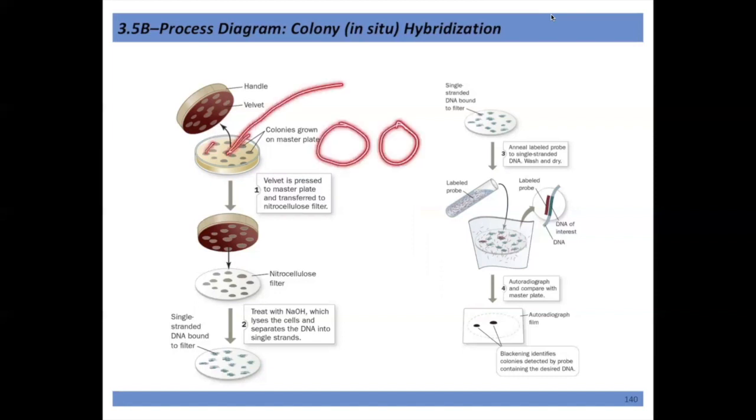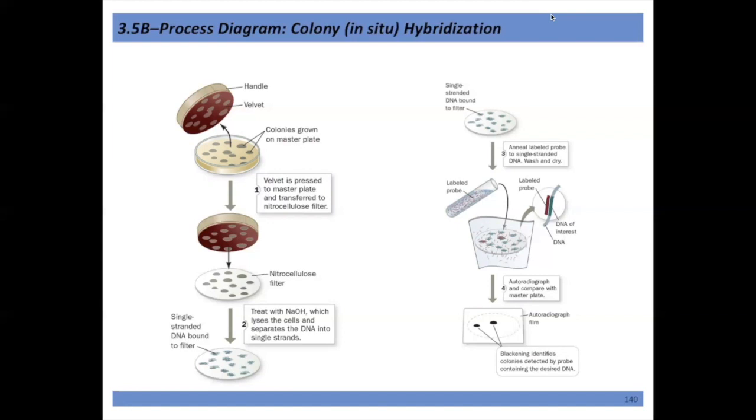In reality, you'd probably take several different samples from each one of those and put them on many different plates, and then you let those grow up again. And then you do a little bit more checking and make sure that it has the complete sequence that you're interested in.